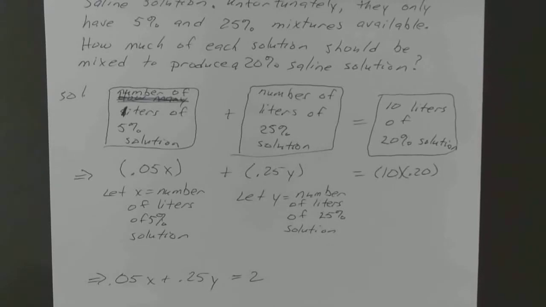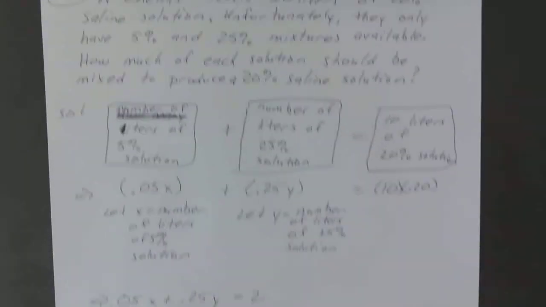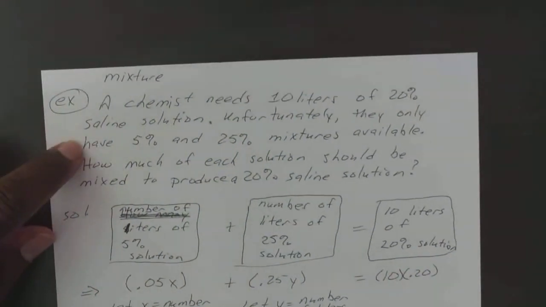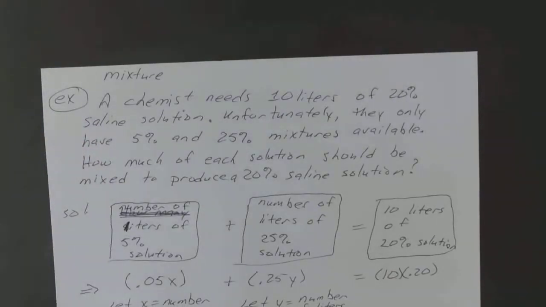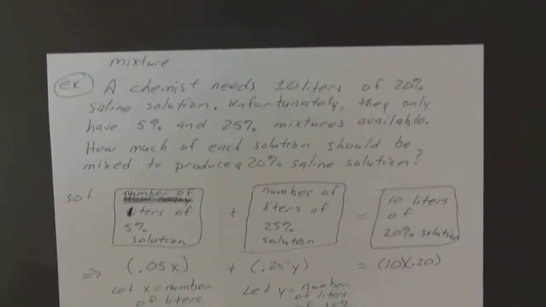But that really doesn't help us much because we don't have anything to go with. The one thing we do know, going from what we started off with, is that the number of liters of 5% plus the number of liters of 25% add together to give us 10 total liters. So we know our second equation.